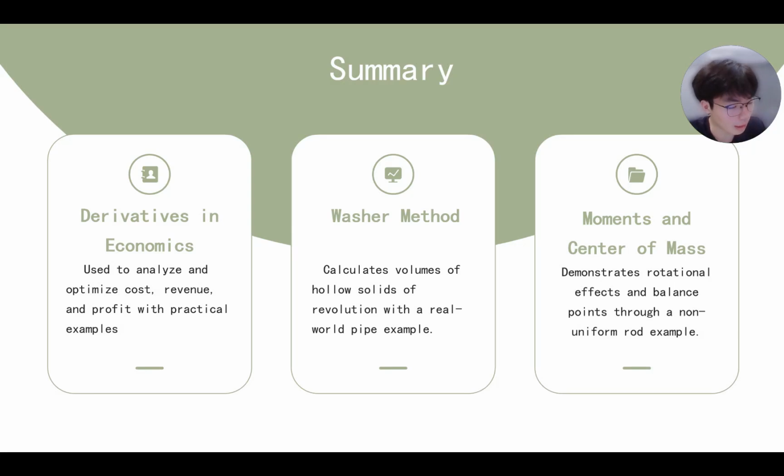Through practical examples, we saw how marginal value guides decision-making in business. Second, the washer method. This method provides a practical way to calculate the volume of hollow solids, such as pipes, using integration. It bridges mathematical theorems and real-world application.